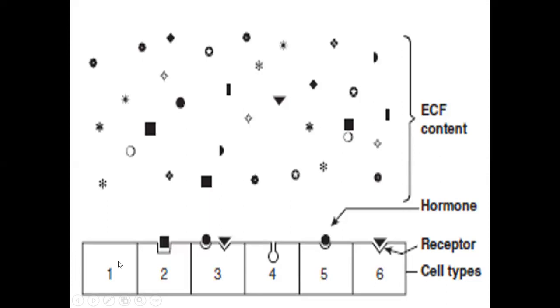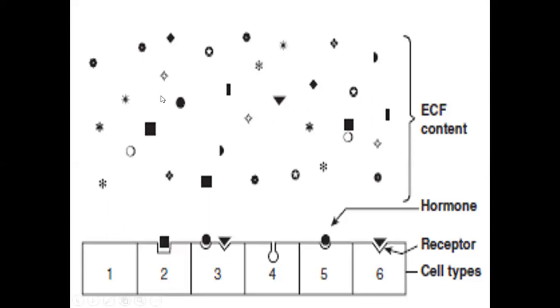Now this diagram actually summarizes the concept of the target cell theory. The substances that you see here in the extracellular fluid are different molecules circulating in the extracellular fluid.